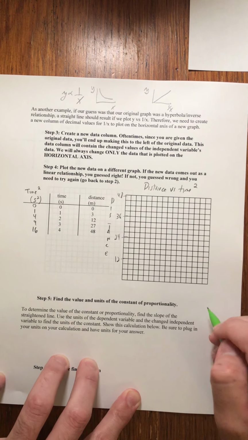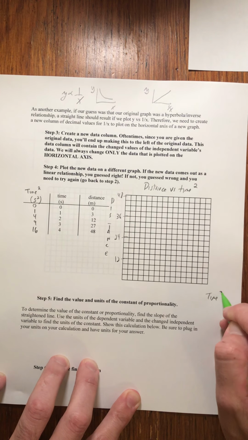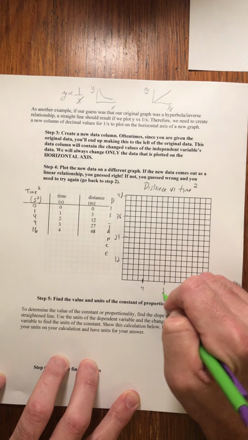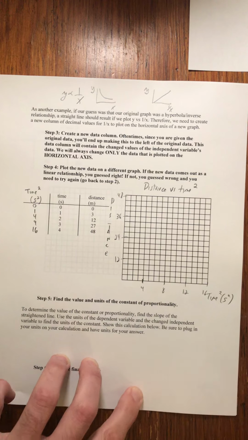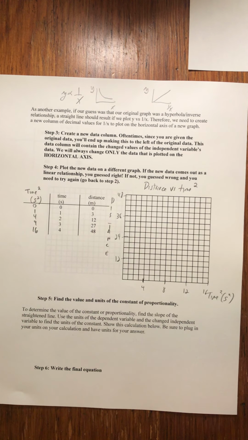But here, I'm not going to have time, I'm going to have time squared in seconds squared. So there's 16 across. Oh my God, convenient here. So I'm just going to go up by 1s, but I'm not going to write in all the numbers because that's annoying. And then you're going to plot this data. So take a moment and plot your data.